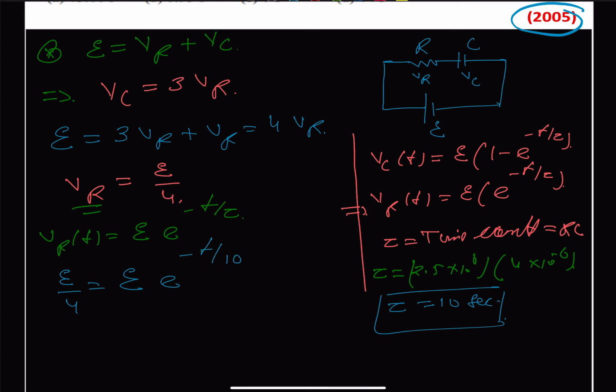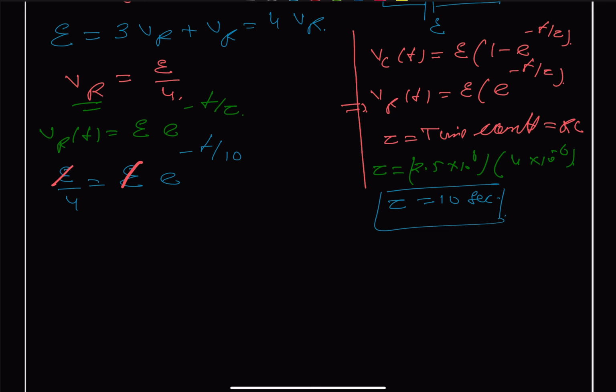Tau is 10 seconds, and here the EMF and EMF cancel out, and we get e to the power minus t upon 10 is equal to 1 by 4. So minus t upon 10 is equal to natural log of 1 by 4, which will be minus natural log of 4.